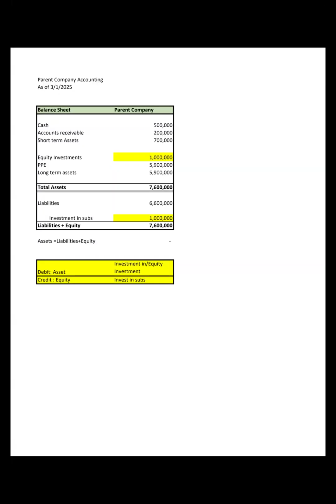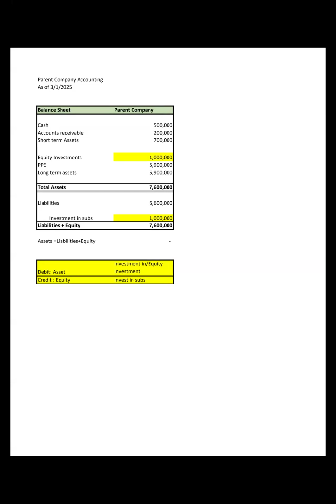Now let's look at what it would look like. This is the cost method. Please remember this is the cost method. Now this is what it would look like after. Remember, the cost method is under 20%. It was purchased for $1 million, and as you can see, the journal entry shows the debit to equity investments and the credit to investments in subs.